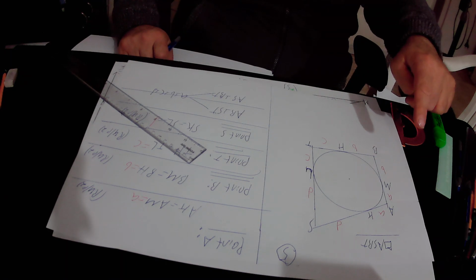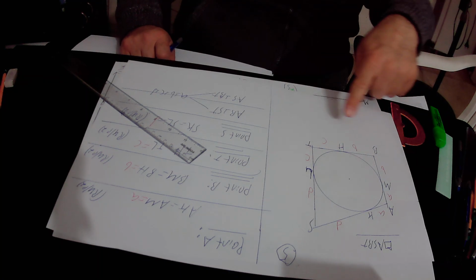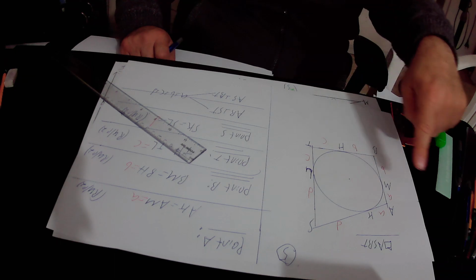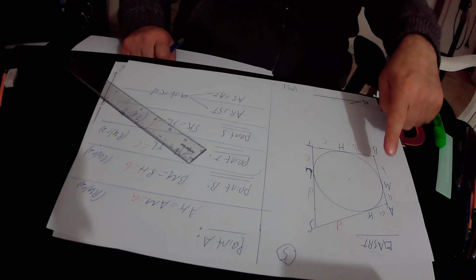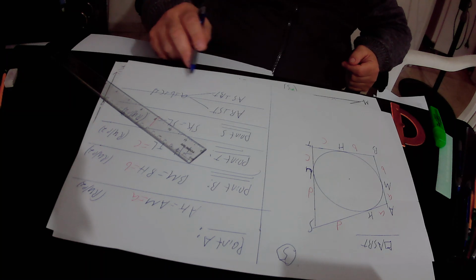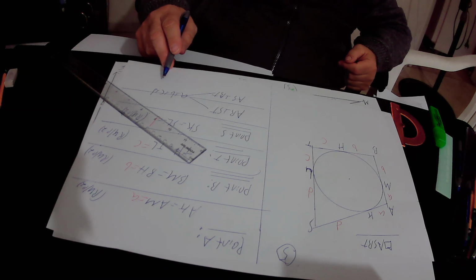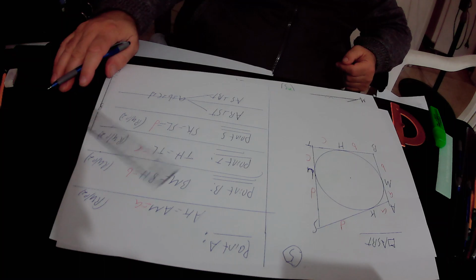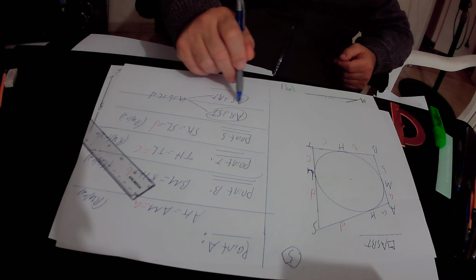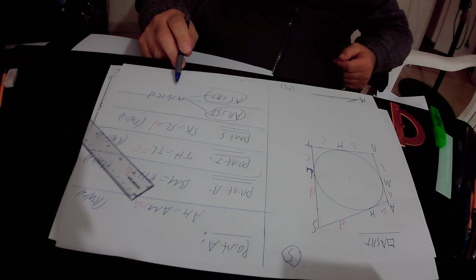From the drawing it is very easy to see that AS plus BT equals in total A plus B plus C plus D. So AS plus BT also equals A plus B plus C plus D. So we actually found out that those two expressions are both equal to A plus B plus C plus D, therefore they are equal to each other.